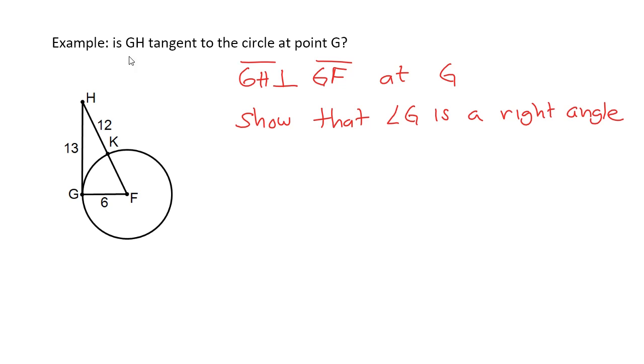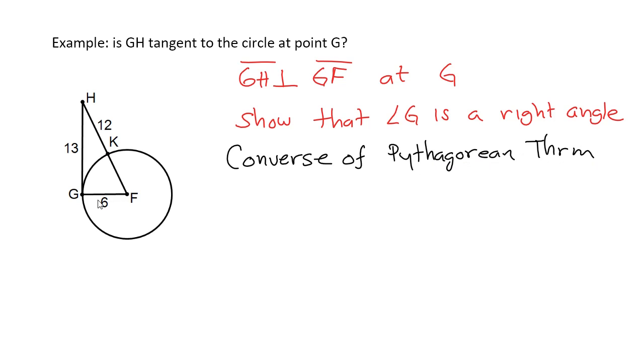Because I have a triangle here for which I have pretty much all of the measurements, I can go ahead and apply the Pythagorean theorem, or I should say the converse of the Pythagorean theorem.